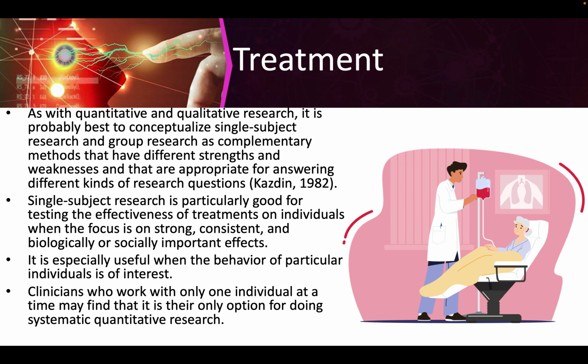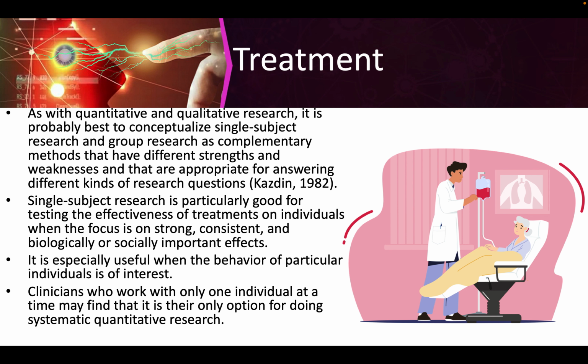As with quantitative and qualitative research, it is probably best to conceptualize single subject research and group research as complementary methods that have different strengths and weaknesses and that are appropriate for answering different kinds of research questions.